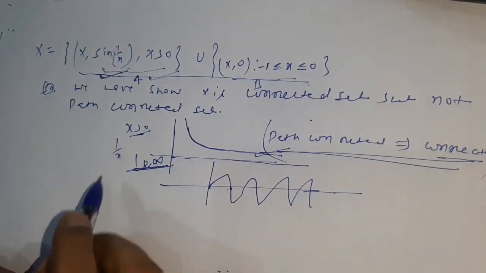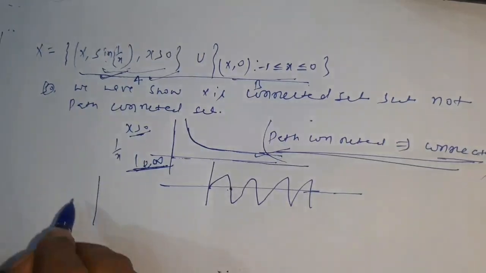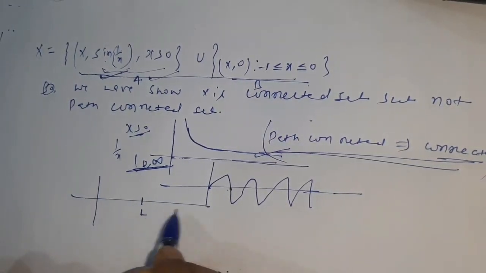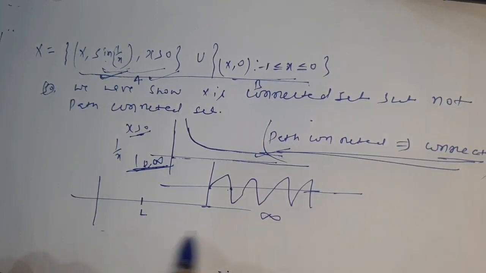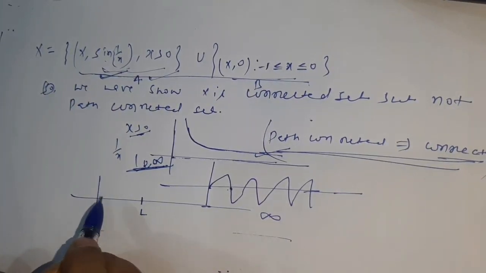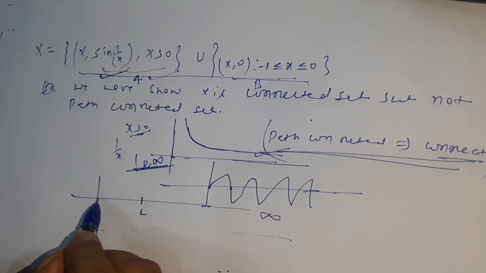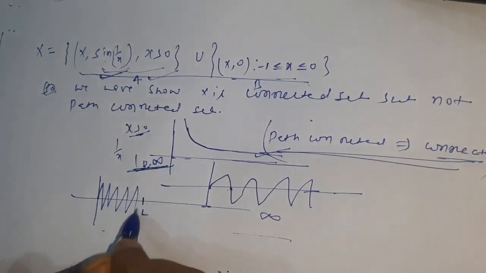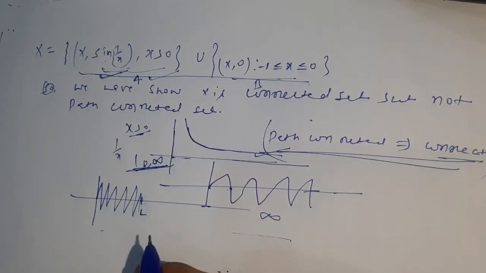It means for the graph of sin(1/x), between 0 to 1, sin(1/x) oscillates infinitely many times. How can we visualize it?